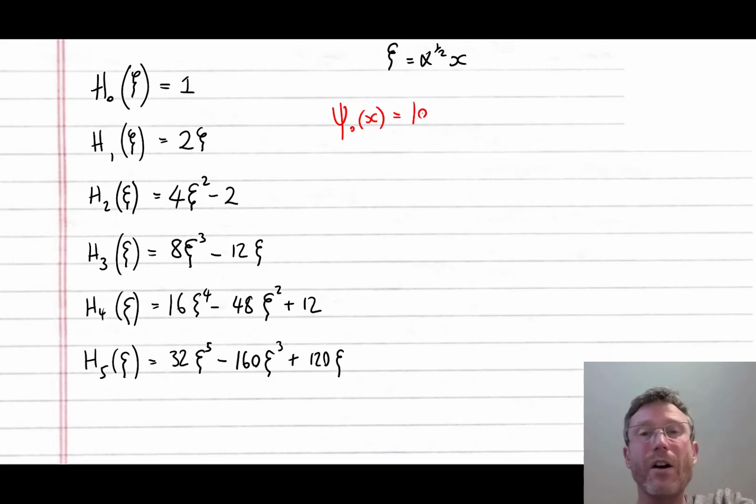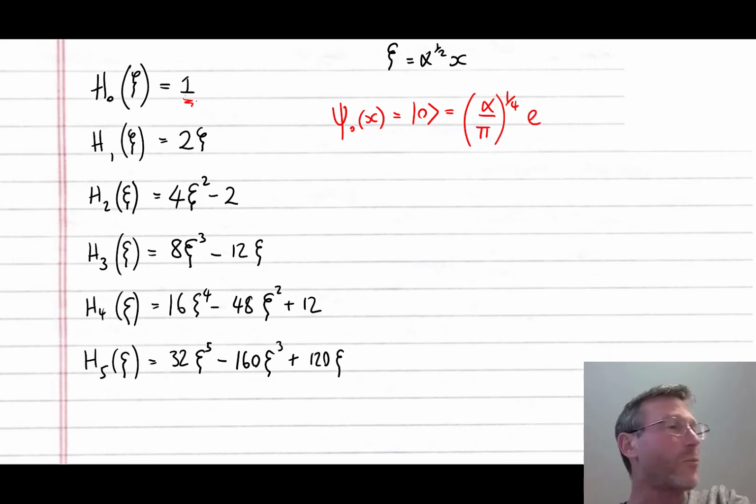Again, we can use our bracket notation. That comes out to be, here's our normalization constant, alpha over pi raised to the quarter. Remember, in this particular case, the Hermite polynomial is simply 1, so it's a very simple expression. So e to the minus alpha x squared over 2.